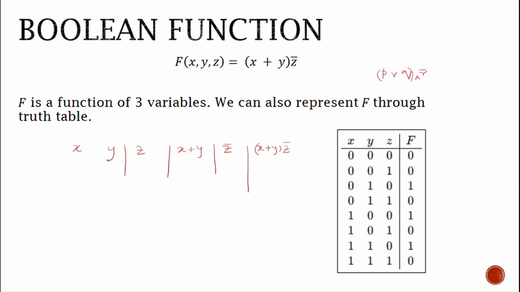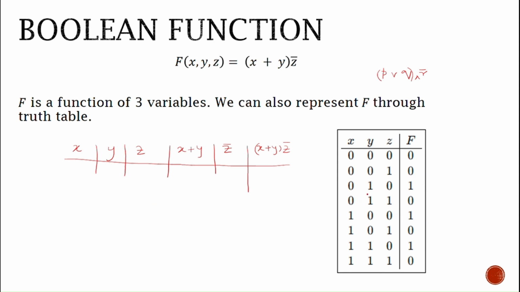By using these columns, we can construct the truth table of this function, which is already given here. Here you can see that the function has three ones in the output, which shows that for three sets of input values, the output is equal to 1.